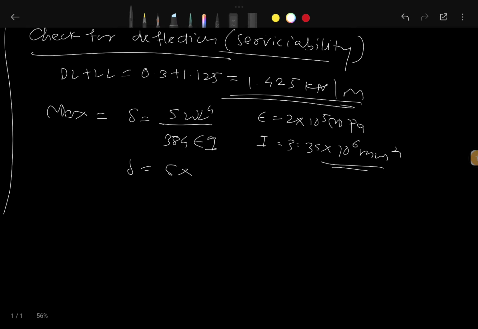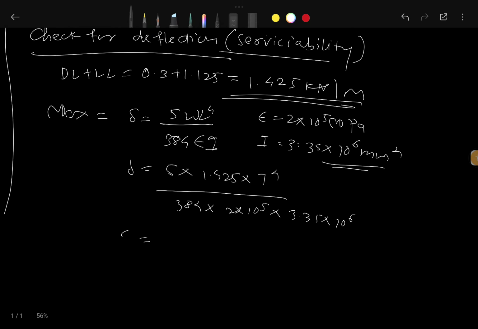W value is 1.425 into L is 7 raised to 4 divided by 384 into E, 2 into 10 to the power 5, into I, 3.35 into 10 to the power 6.